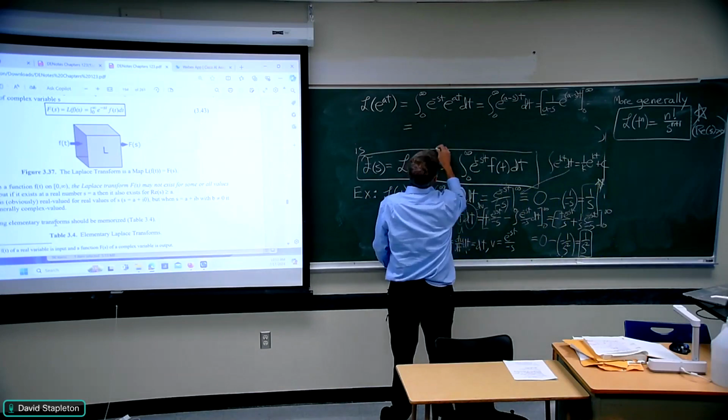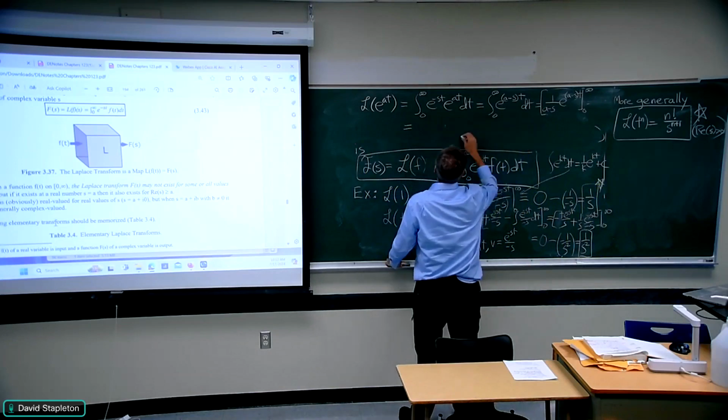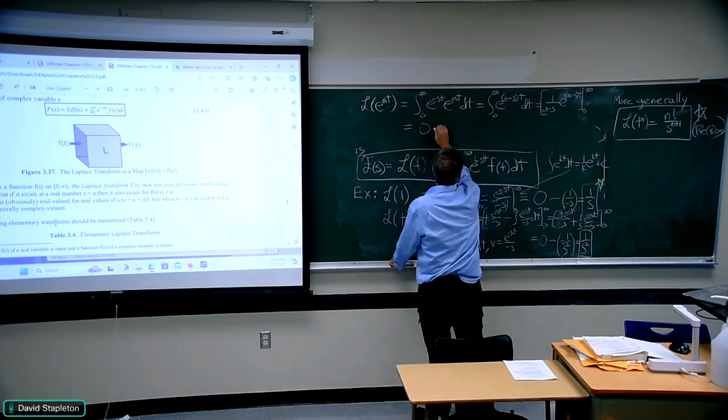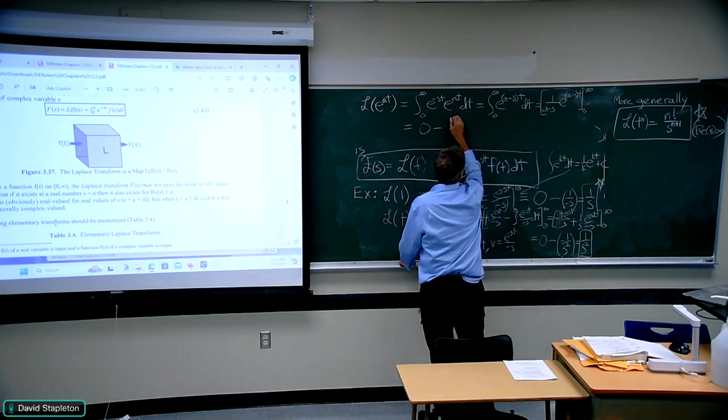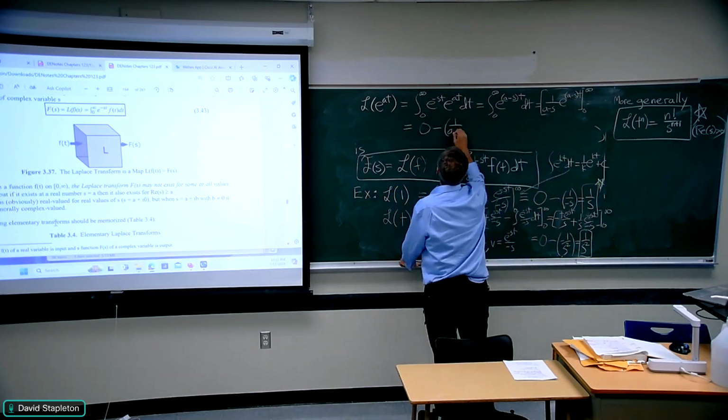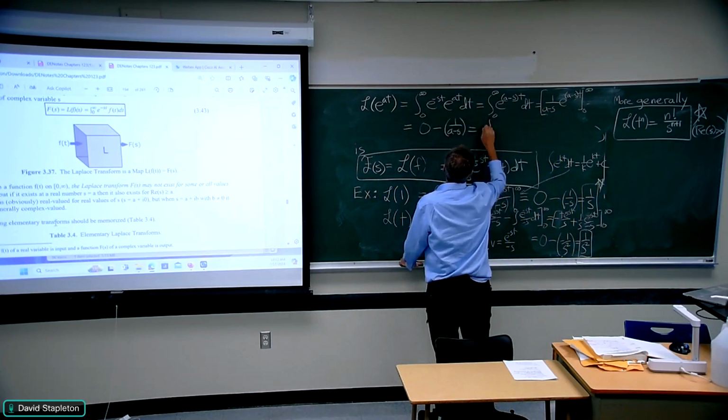What you get now, when you plug in infinity, you get 0. And when you plug in 0, you get 1 over a minus s, which is then 1 over s minus a, right? Minus that is 1 over s minus a.